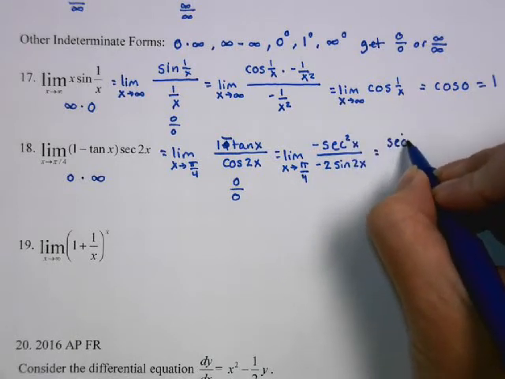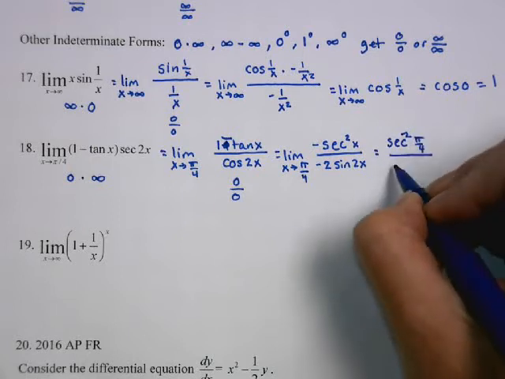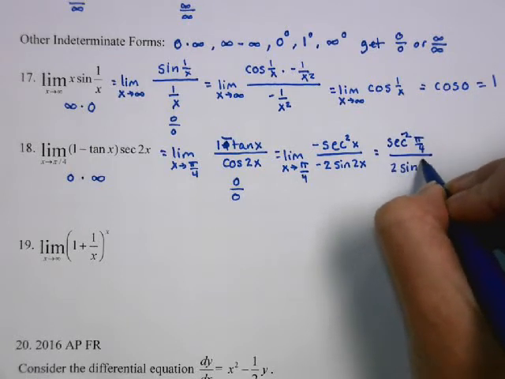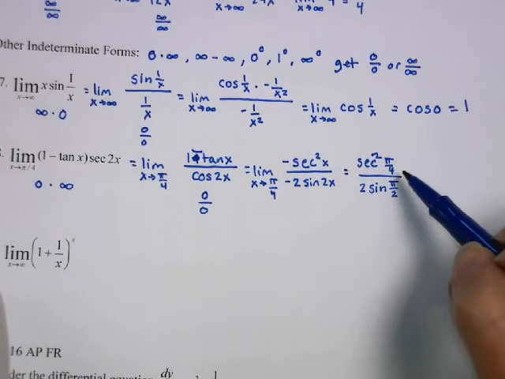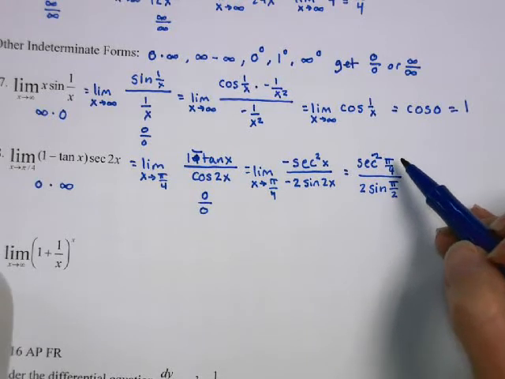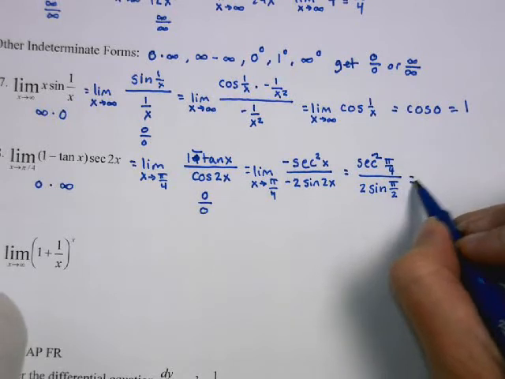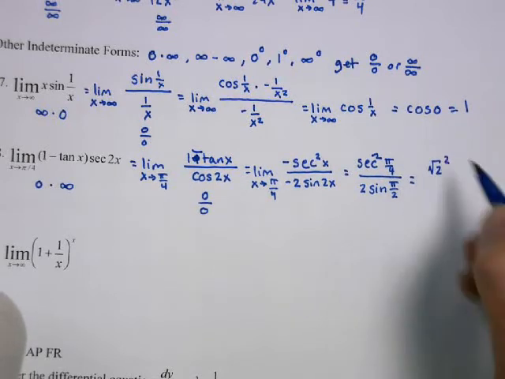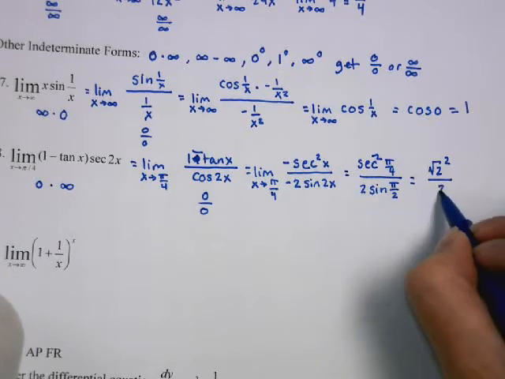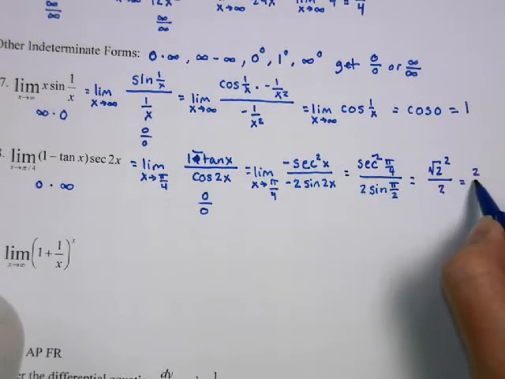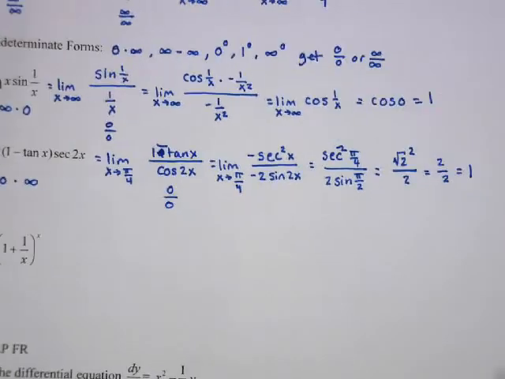We're going to have secant squared pi over 4 over 2 sine pi over 2. Okay. Well, cosine of pi over 4 is root 2 over 2. The reciprocal of that is just root 2. So this is going to be root 2 squared over sine of pi over 2 is 1, so this is going to be 2. So we'll have 2 over 2, which is 1.